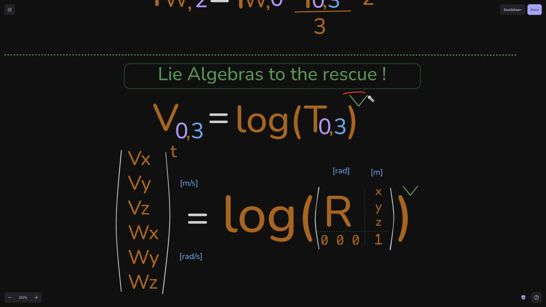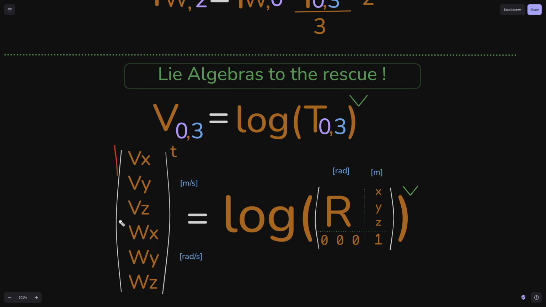Also note that we have this weird symbol. We will call it V because it has the shape of a V. That I will not explain; I might explain it in a later video, but you should assume that whenever you have a transformation and you apply the logarithm, you will also apply this V. Then you will have this vector. What is this vector?